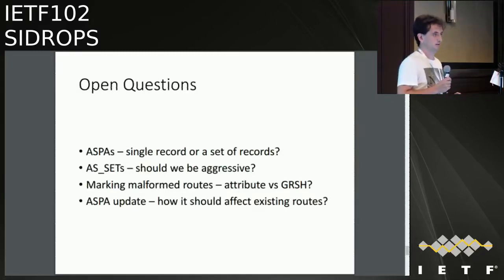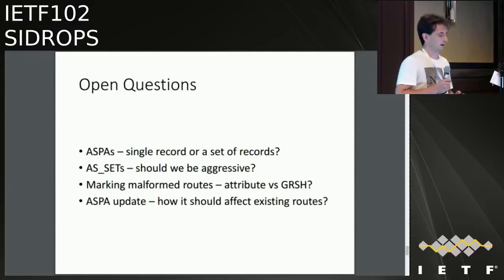I'm speaking about the AS_SET segment in the AS_PATH that may still exist. It provides a backdoor. Since an AS_SET doesn't have order, it can't be fully verified. The question is, how aggressive should we be? Maybe it's time to drop it. Maybe it's not. I will be glad to hear your opinion here.